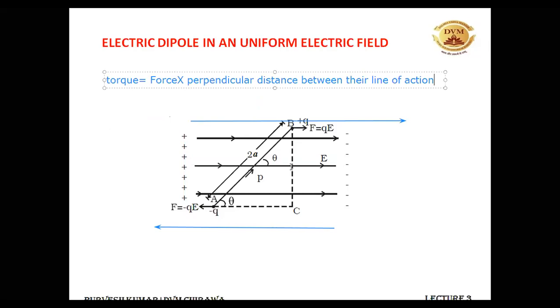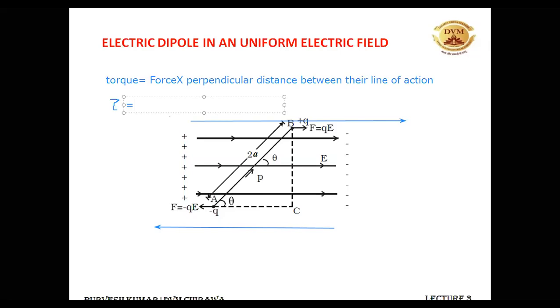So torque can be calculated as, please write tau for the torque, because I'm not able to write the symbol in this one. You should be writing tau, or I should be writing it with the help of a pencil. I'm just doing it. So this is my torque tau. Tau is equal to what? Force multiplied by perpendicular distance.